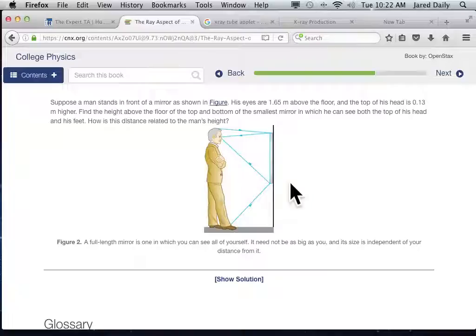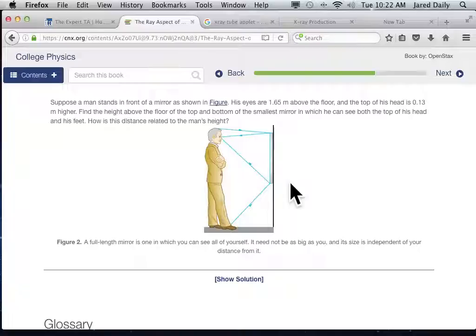So, the question is, how tall does a full-length mirror have to be for a man who's 2 meters tall? Full length meaning he should be able to see the top of his head and the bottom of his feet. What is the shortest full-length mirror he can use for a 2 meter tall person?